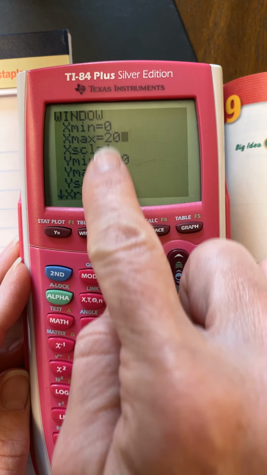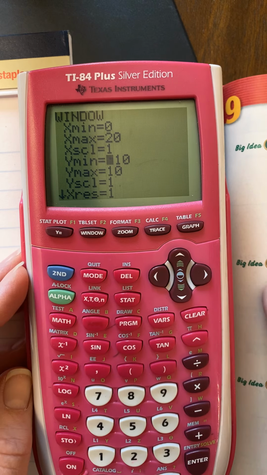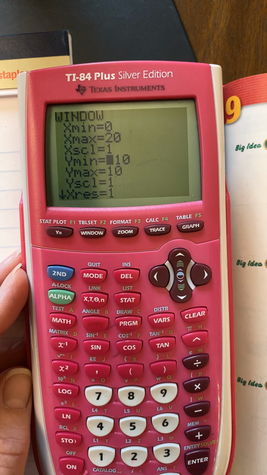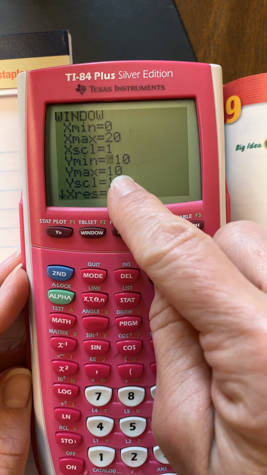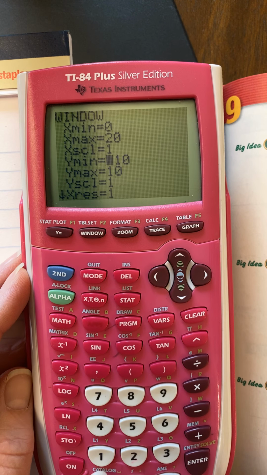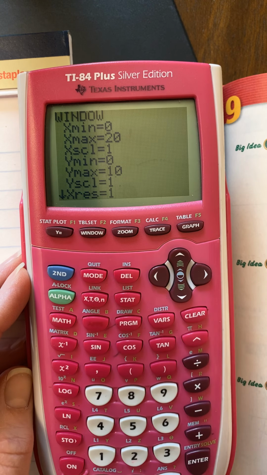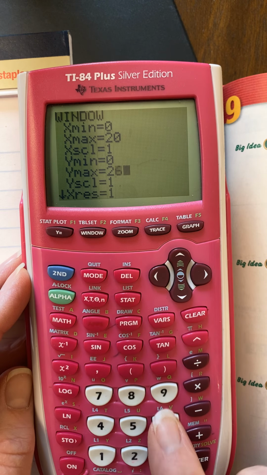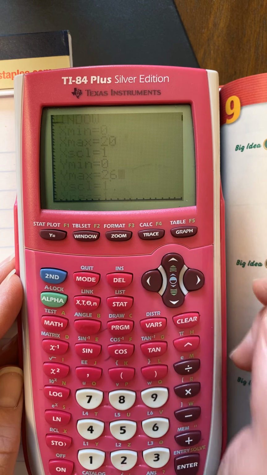So these are the years for 20 years. Now I know that my y is my sales. I'm not interested in any negative sales, and I want my graph to go up as high as 24. So I could start here at 0, but I have to have this at least 24, so I'm just going to do 26, right? Once you get your window set, then you hit the graph key.